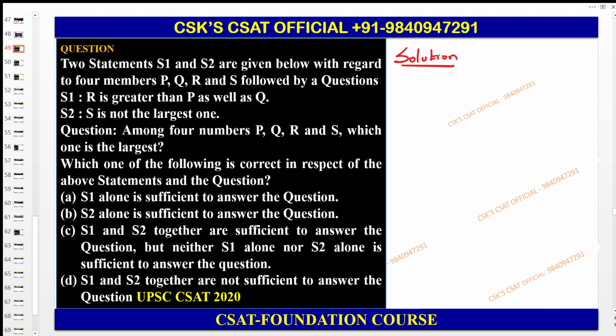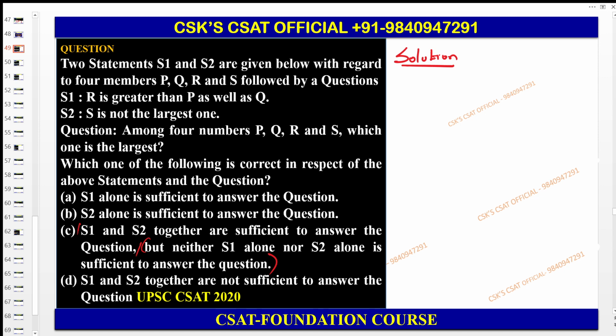Separately you cannot do it. The other options: neither S1 alone nor S2 alone suffices, or S1 and S2 together are not sufficient. Option C means S1 and S2 together are sufficient, which means both are required to answer this question. Neither S1 nor S2 separately can answer it.